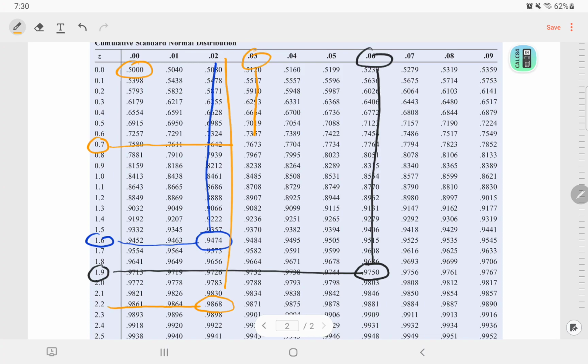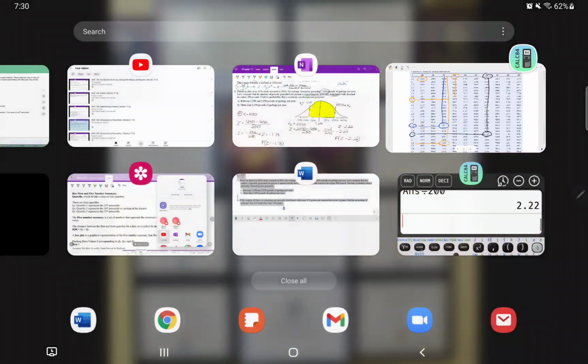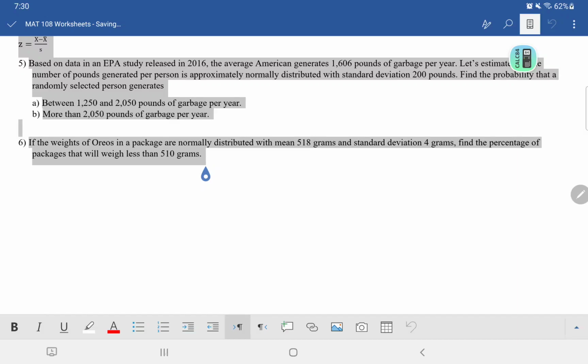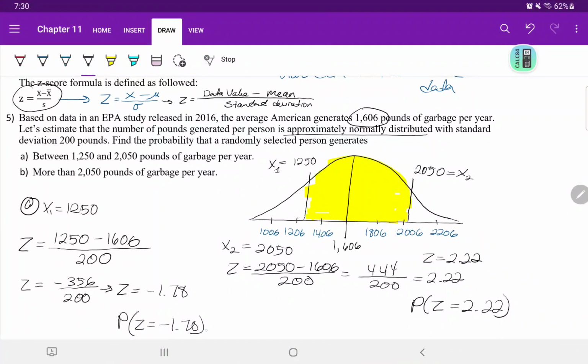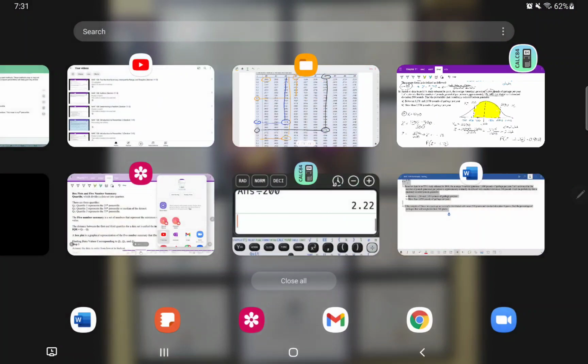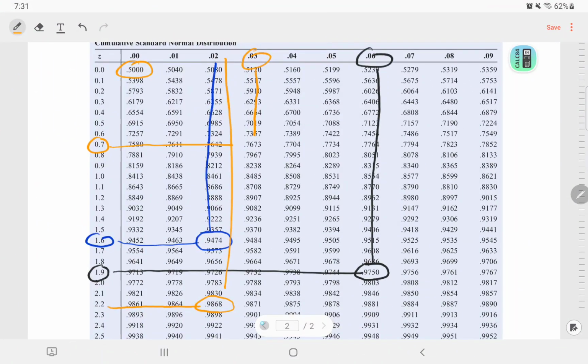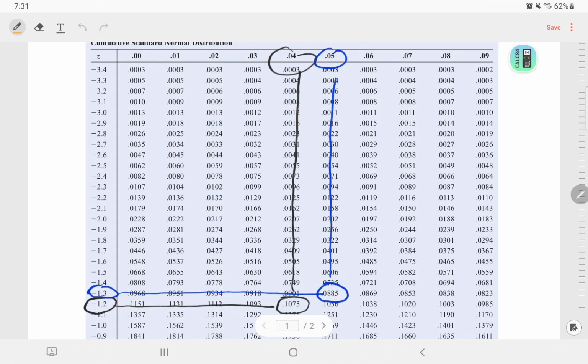That's going to be 0.9868. And then let's go to the negative side. Z equals negative 1.78. Negative 1.7, 8 is over there. That appears to be 0.0375.